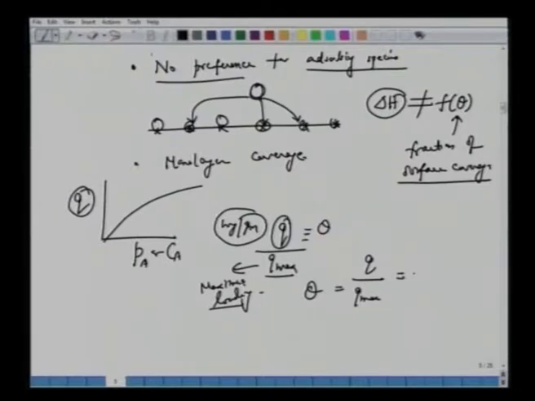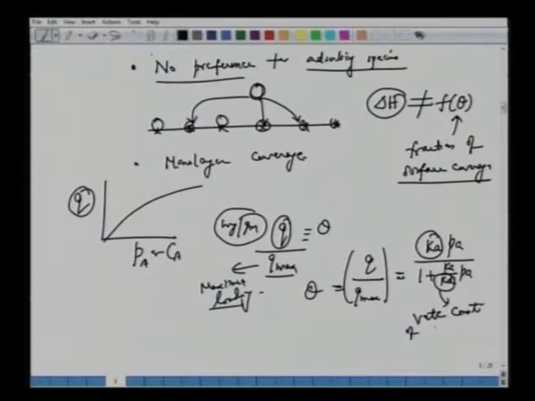It's not difficult to show; you can go through certain books on kinetics to obtain the relation theta equals Ka Pa over 1 plus Ka over Kd times Pa. Here Kd is the rate constant for desorption, and Ka is the rate constant for adsorption.